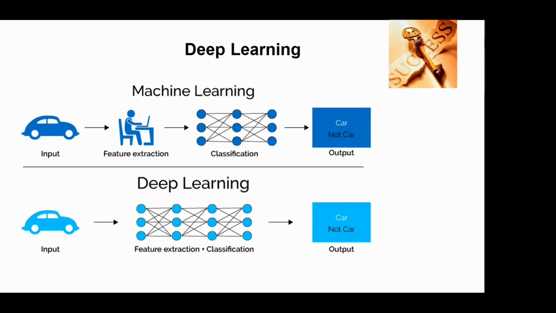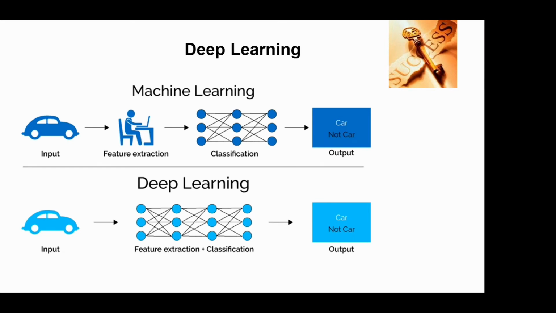What is the difference between machine learning and deep learning? When you are training the machine using classical machine learning algorithms such as support vector machine, k nearest neighbor, decision tree, random forest, first you are extracting the features from the data set and then supplying them to the classifiers.